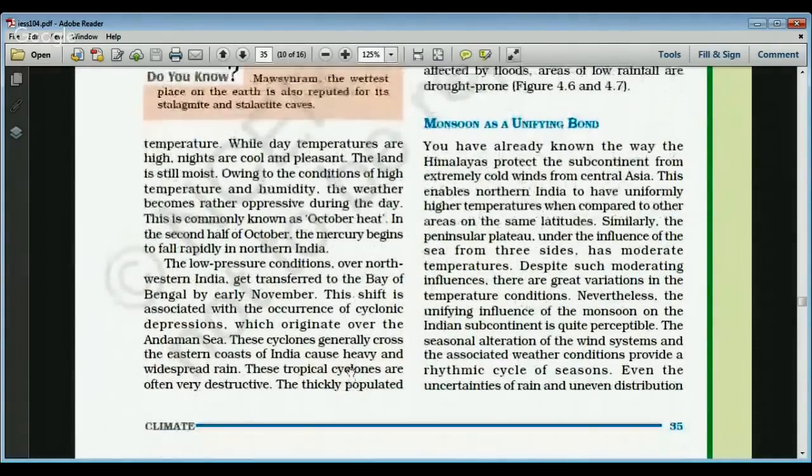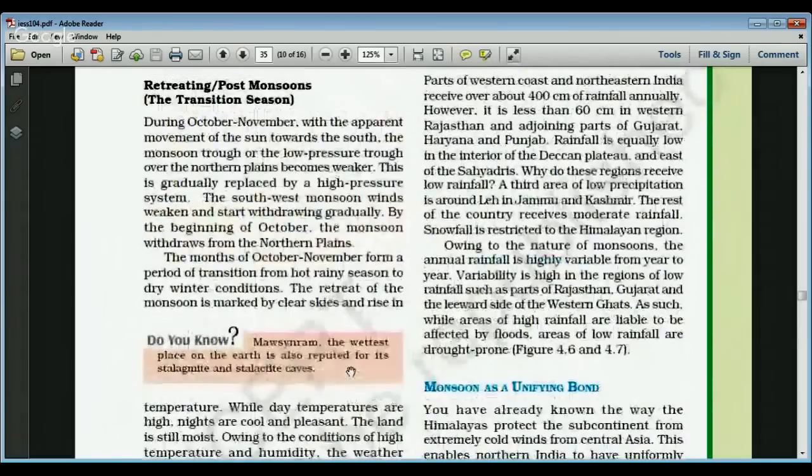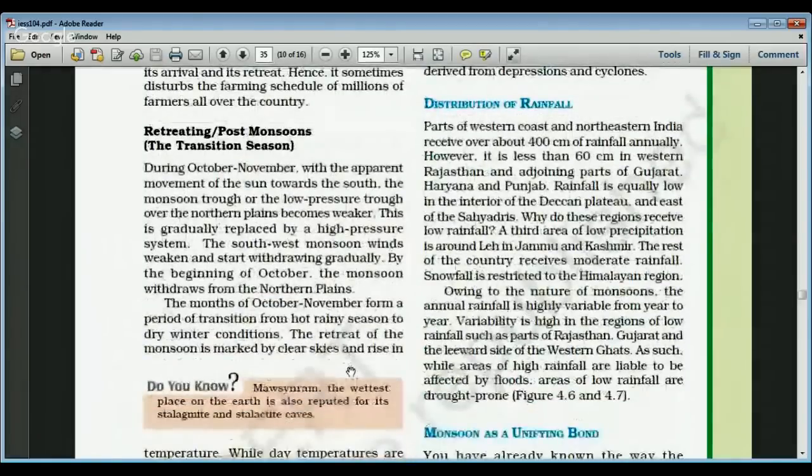And the distribution of rainfall, if you see, varies from 400 centimeters of rainfall in some parts of the Western Ghats and the northeast to less than 60 centimeters in western Rajasthan and the adjoining parts of Gujarat, Haryana, and Punjab. And rainfall is equally low in the interior of the Deccan Plateau and east of the Sahyadris.